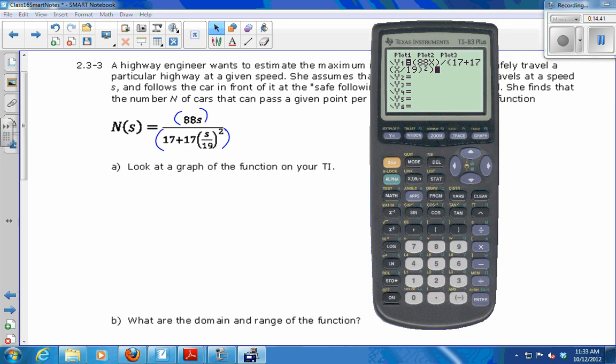So before I can actually look at a graph of it, I have to decide what kind of a window makes sense. So remember, X or S is representing speed. So what speeds make sense to put into this model? Speeds of a car. What's the slowest I should put in?